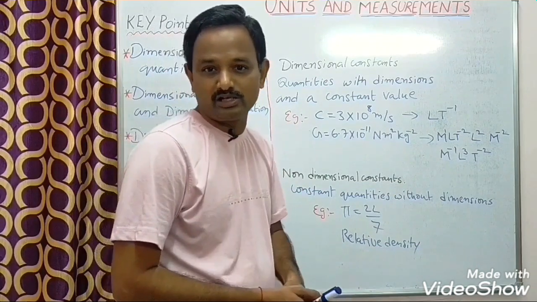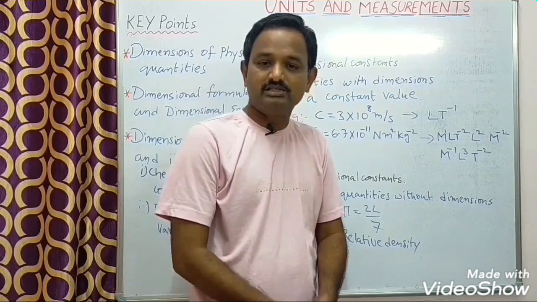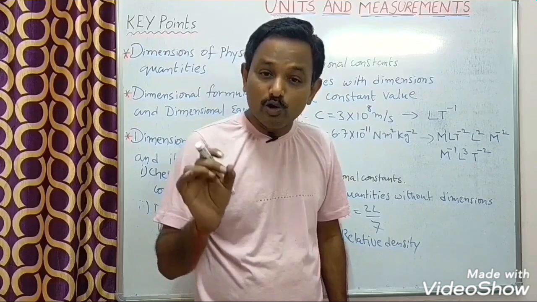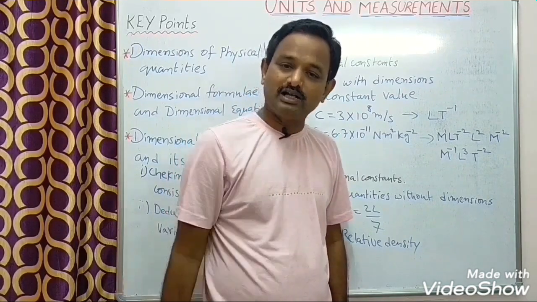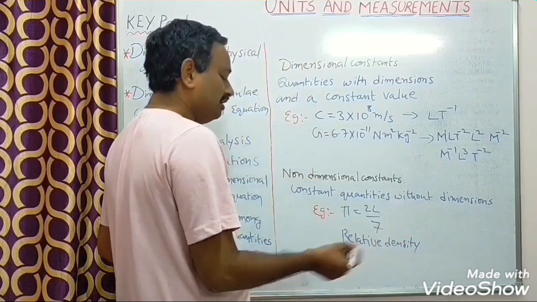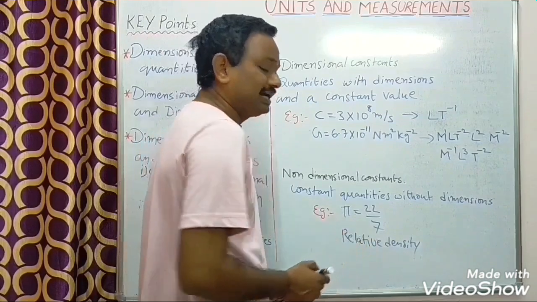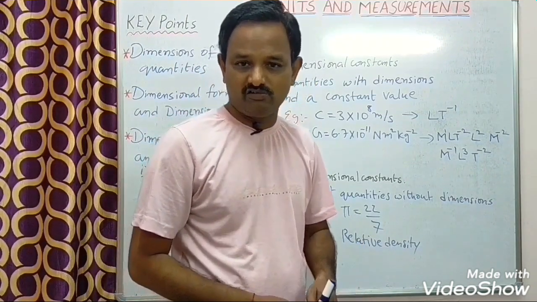Now non-dimensional constants. What are non-dimensional constants? Some quantities have only a constant value, but they don't have dimensions. What are they? Look at here. The value of pi, 22/7. And if you take relative density, relative density has only a constant value.